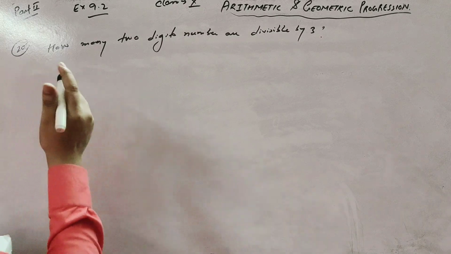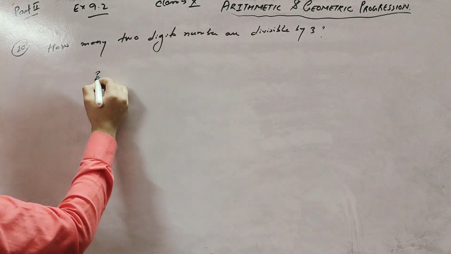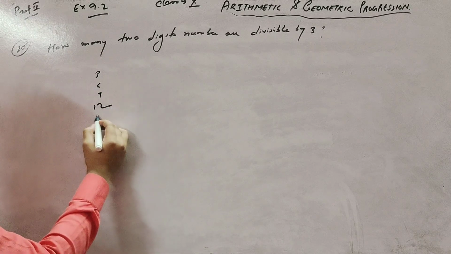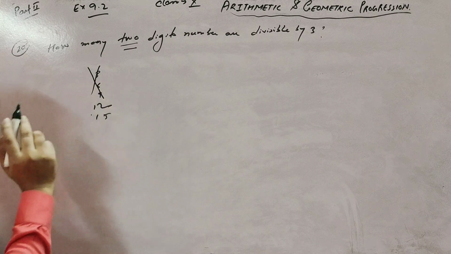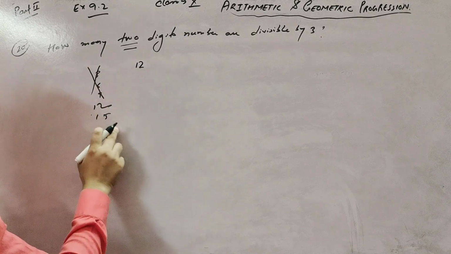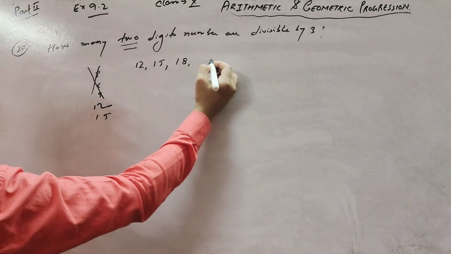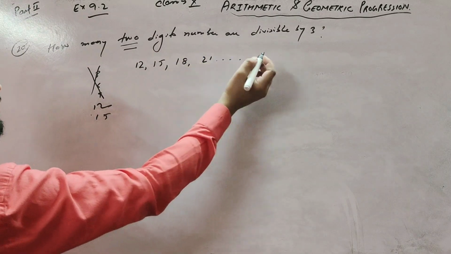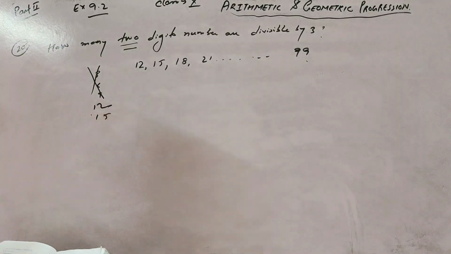Okay, for 2 digit numbers, we know the numbers divisible by 3 are 3, 6, 9, 12, 15, but the question mentions 2 digit, that means starting from 12. So 12, 15, 18, 21 and so on up to 99, because we know that 99 is also divisible by 3.